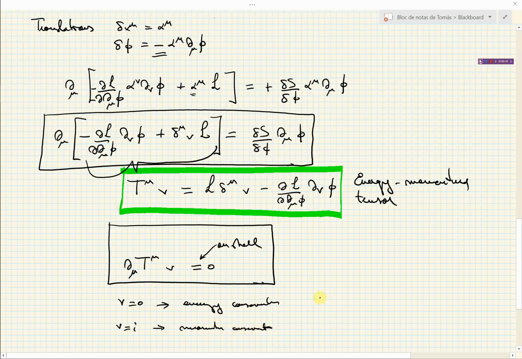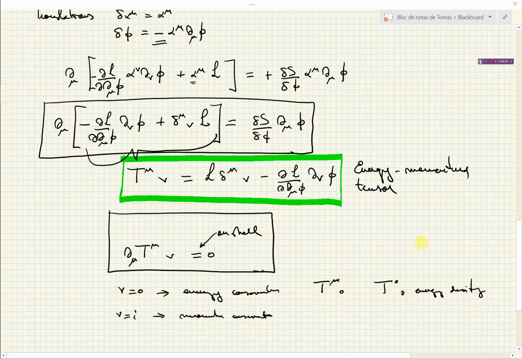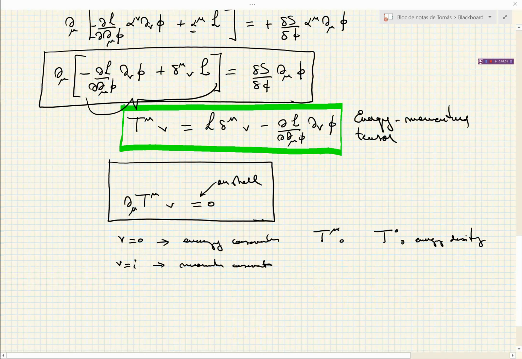So if T^μ_0 is the associated Noether current, T^00 is the energy density, and T^i0 will be the energy density current. Now T^μ_i corresponds to this momentum conservation, and so T^0i is the momentum density.